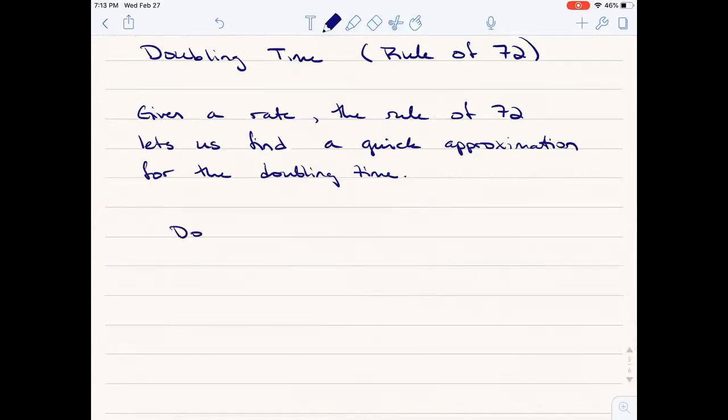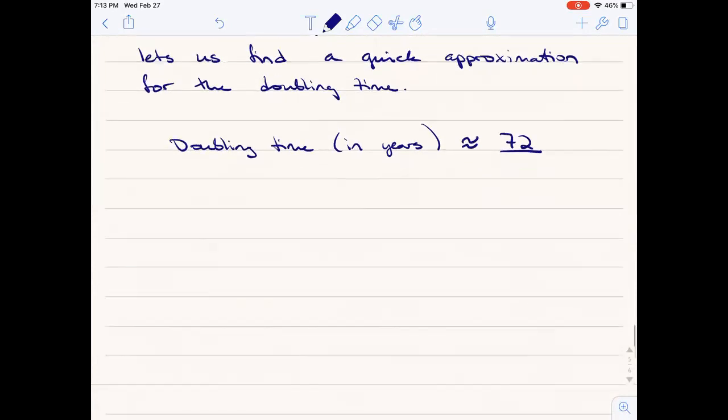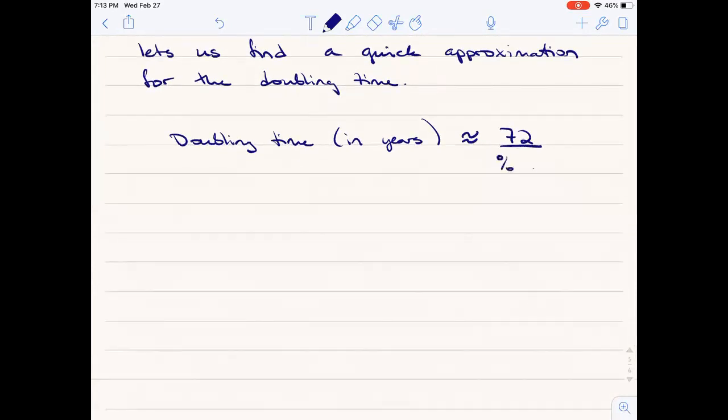So what it says is that the doubling time, which is in years, is roughly, remember this is just an approximation, so that's why I have the squiggly equals, right? Approximately equal to 72 divided by the percent annual rate.